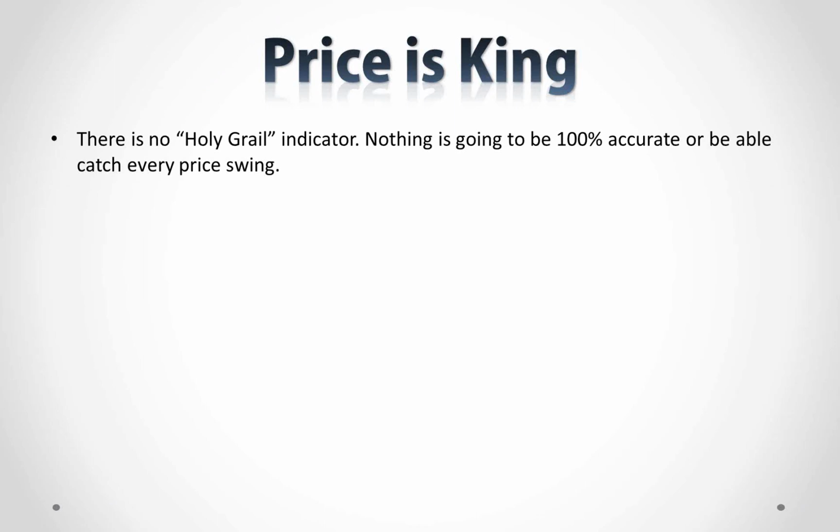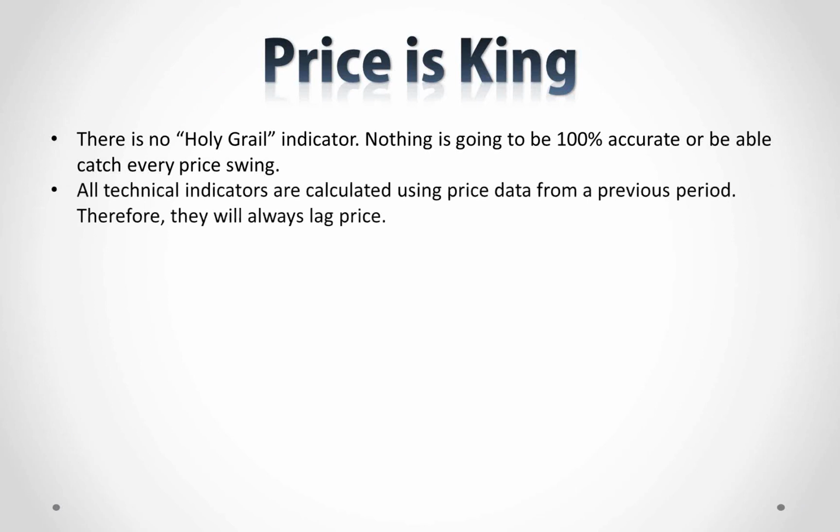Obviously, a lot of them are very useful when forecasting price. However, I've seen many people look for that holy grail indicator, thinking that if they just find that one indicator, then they can focus their entire trading plan around it and make tons of money. It simply doesn't exist. So if you're still looking for it, save yourself the effort, because it's not out there.